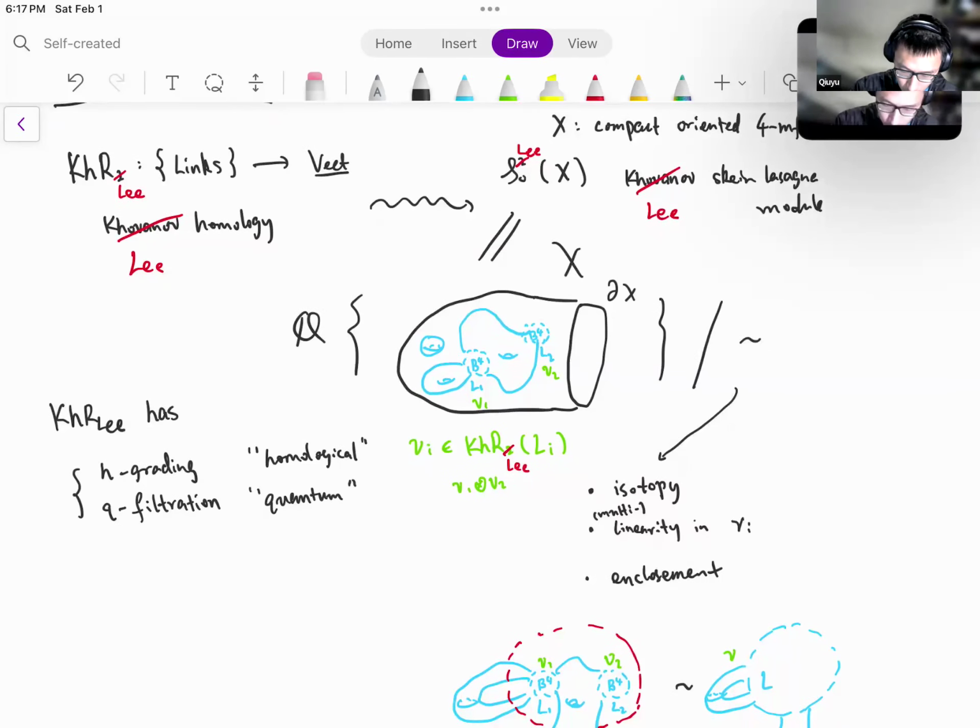And those structures will be preserved in this Lie skein lasagna module.